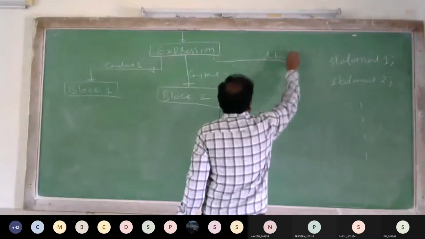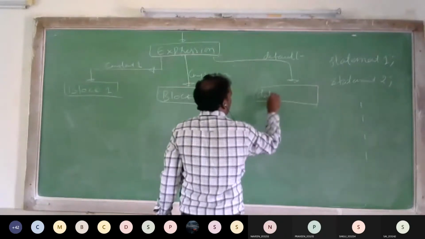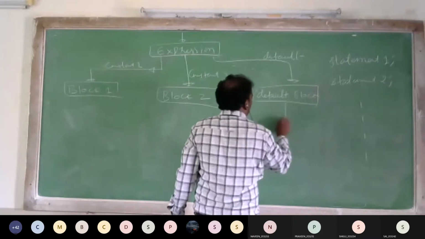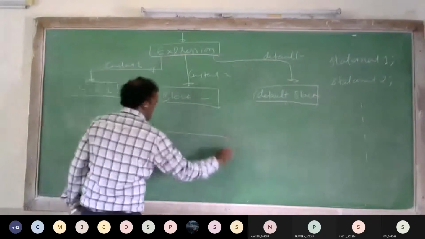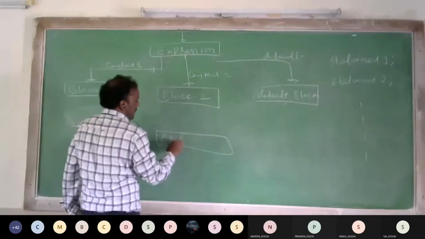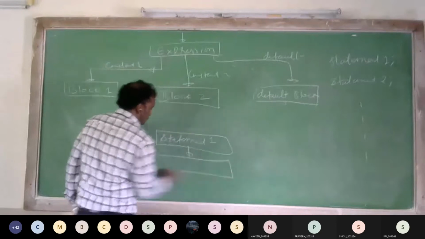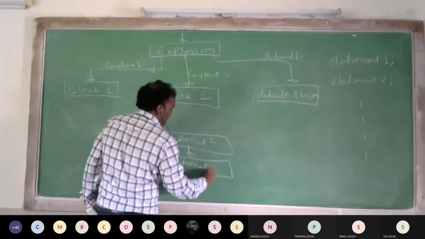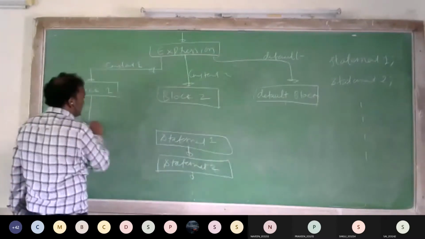Default block set of statements are executed. So this is statement 1, statement 2, and the remaining statements are executed.